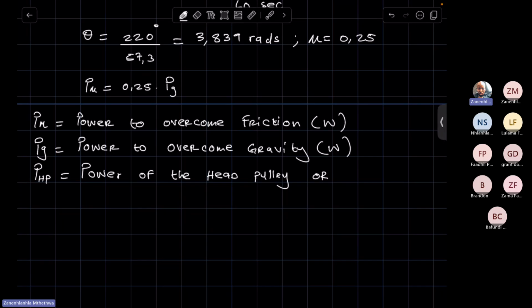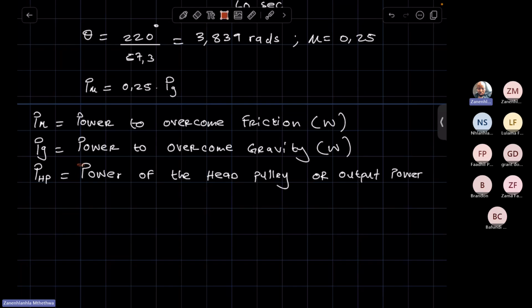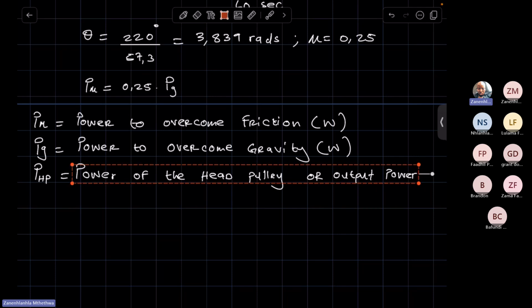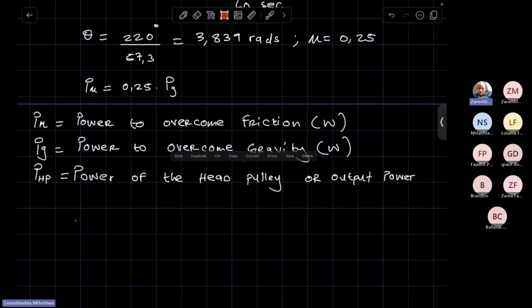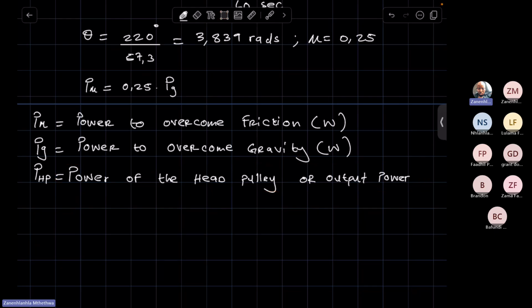Or simply output power, right? Just like the other powers, this will be in watts or kilowatts, right? So if you have the power of the head pulley, then you essentially have the output power, right?